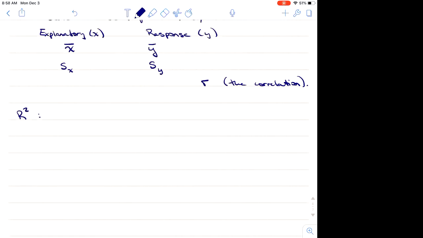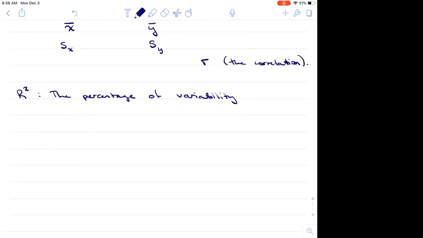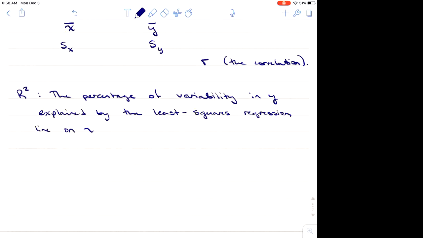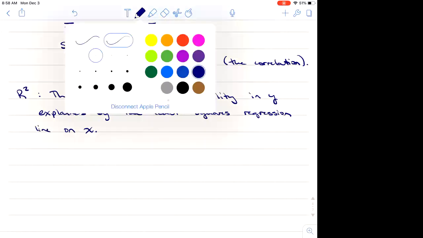Okay, so R squared is the percentage of variability in Y explained by the least squares regression line on X. That's really wordy, right?